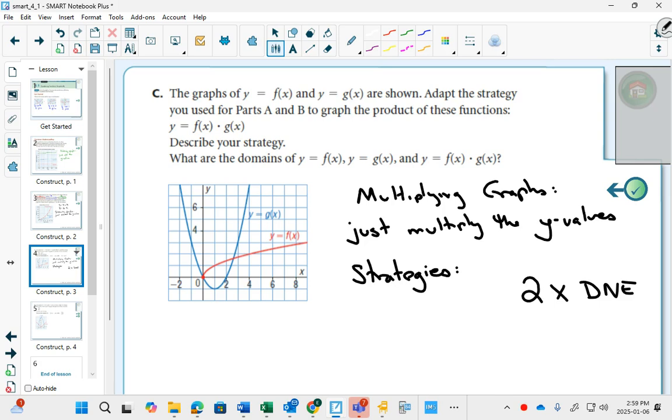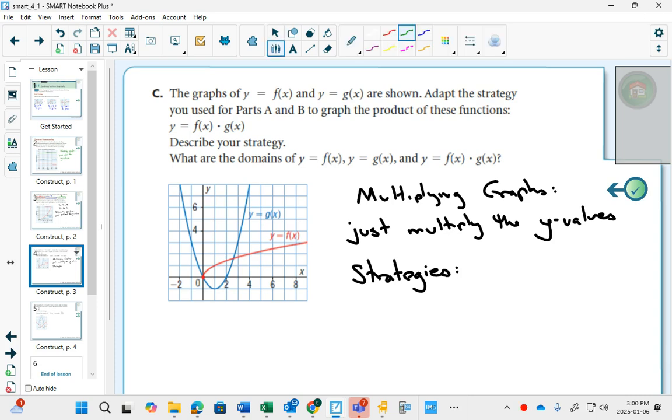Like you could put something that doesn't exist, like 1 over 0, into this part, and then try multiplying it by 2. Does your calculator all of a sudden say, okay, we're going to make it exist and be something? No. So if one graph doesn't exist, then you can't have your new graph. Adding, subtracting, multiplying, or dividing. Both graphs have to exist in order to add, subtract, multiply, or divide. So in this graph, we're going to have nothing less than 0 for our green graph.